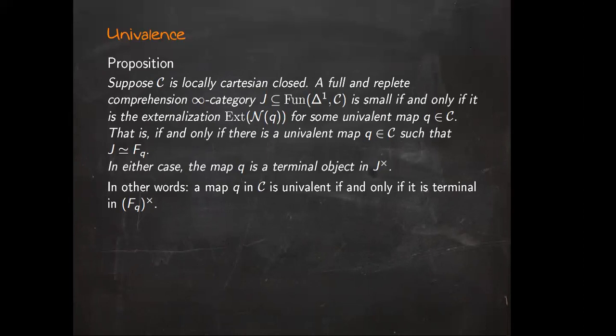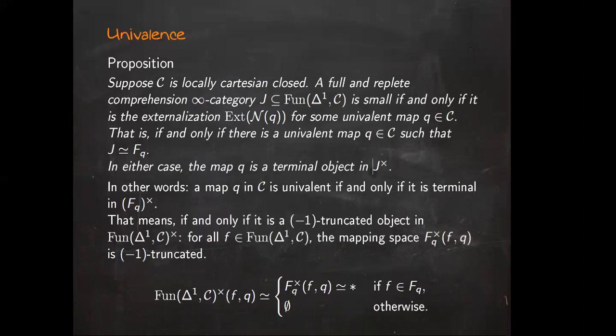Now, what that means is that if we consider it not as an object in the core of FQ, but as an object in the full core of all arrows, then that just means that it's -1 truncated in there, right? -1 truncated in the sense that whenever we have any arrow in C, if F arises as a pullback of Q, then F is an object of FQ, and so the Hom space is contractible.